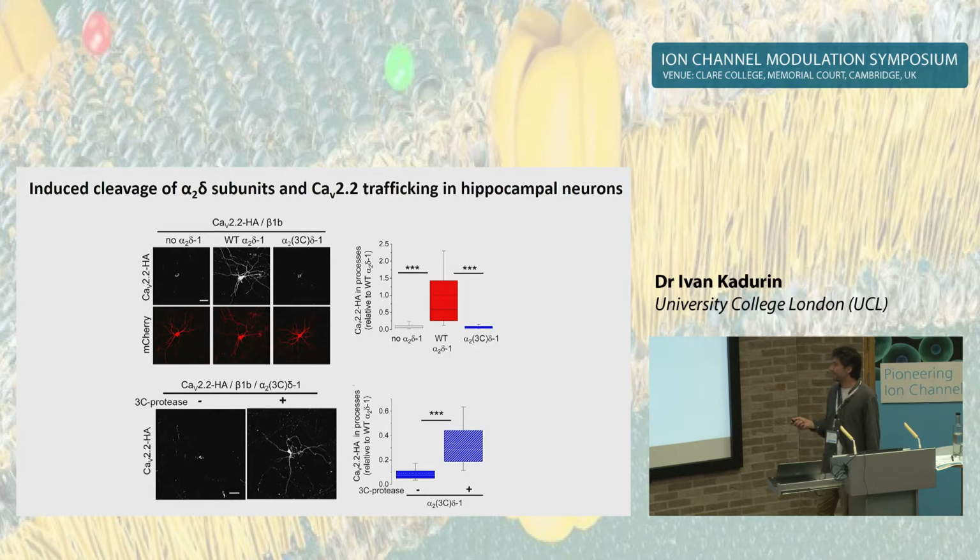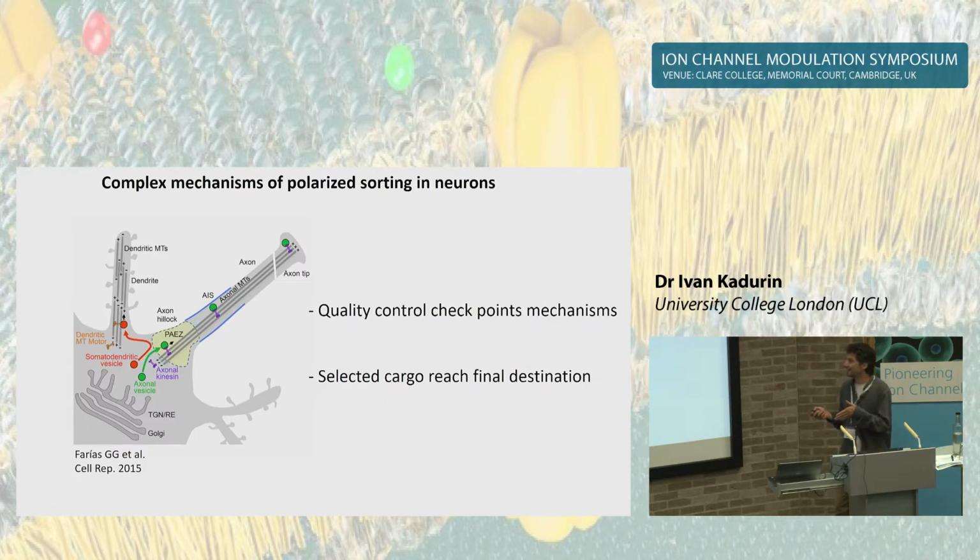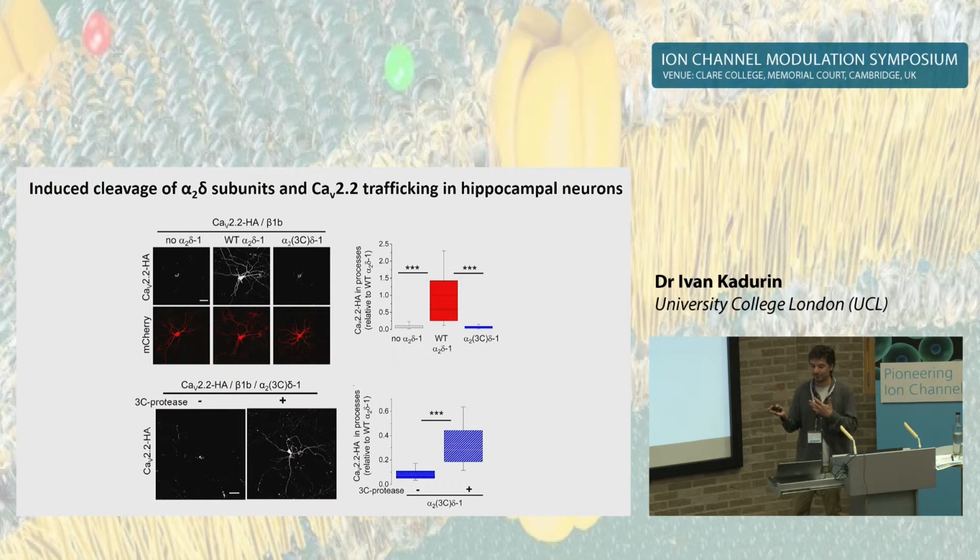And then this is the restoration effect by the protease. So artificially we could show that this proteolytic cleavage is very important also for trafficking in neurons, and it was kind of contradictory to what we saw. I'm sorry, I switched between slides. So it was kind of contradictory to what we found in heterologous cell lines like tsA or N2A cells.